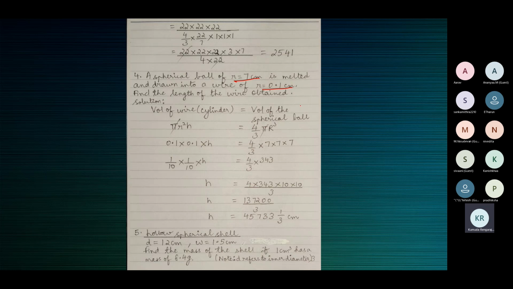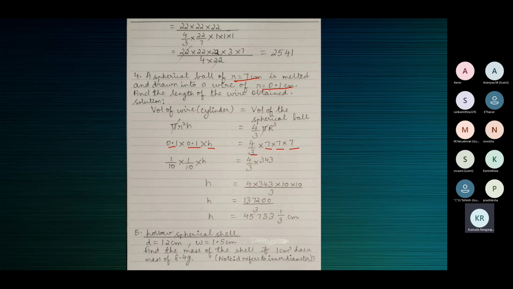Centimeter, centimeter. Just substitute the radius of the wire 0.1, height we have to find, 4/3, pi has got cancelled, radius 7. Now work this. If you're not comfortable with decimals, you can convert to fractions.